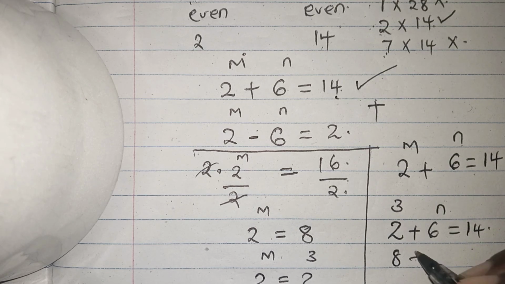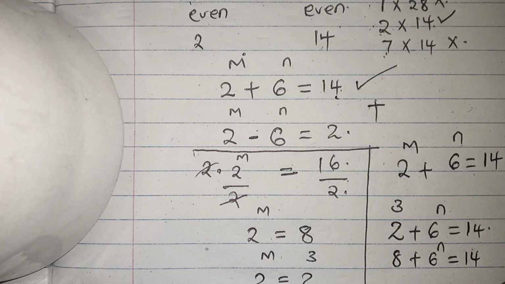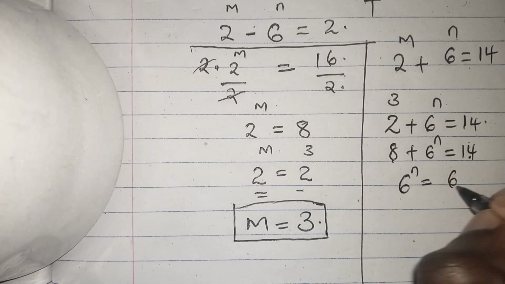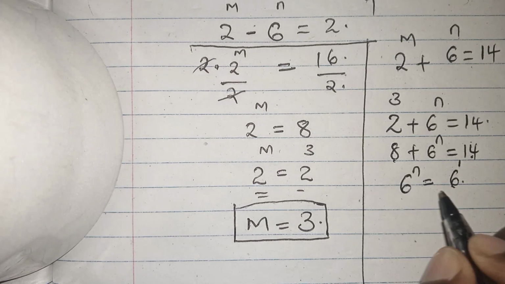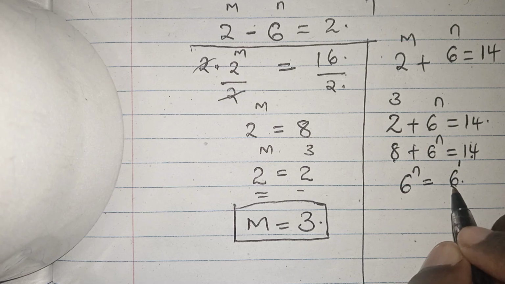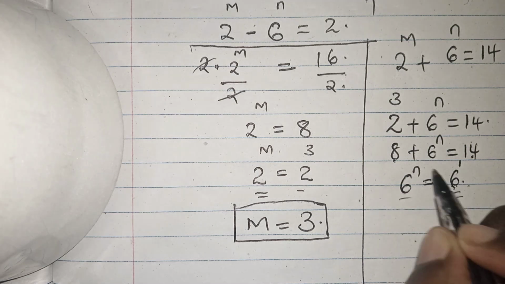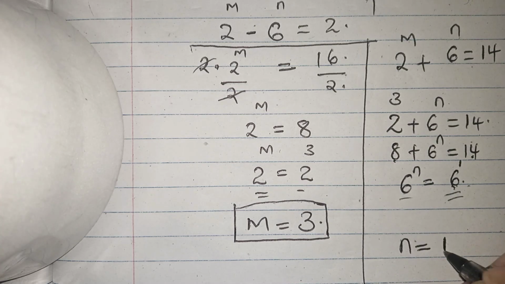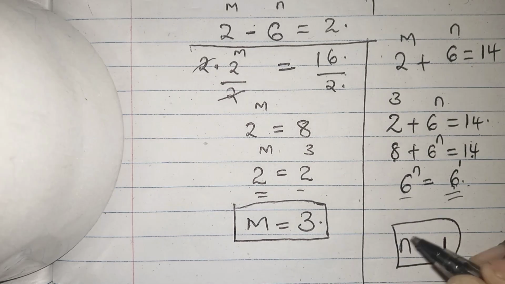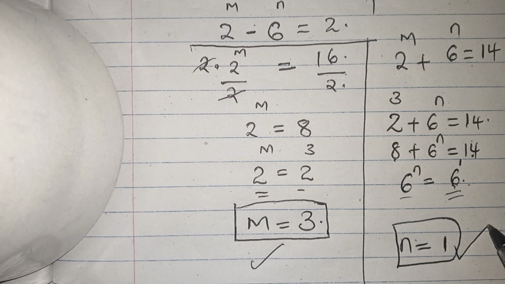So this is 8 plus 6 to the power of n is equal to 14. So 6 to the power of n is equal to 14 minus 8, which is 6. So 6 we can write as 6 to the power of 1. Our bases are the same, equate our exponent. So n is equal to 1. So we now have the value of m and n.